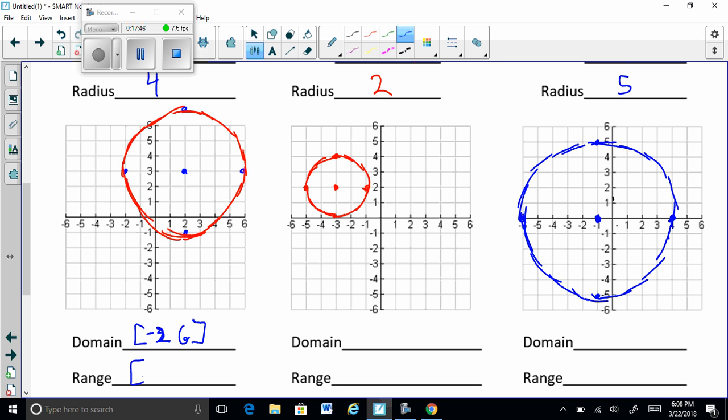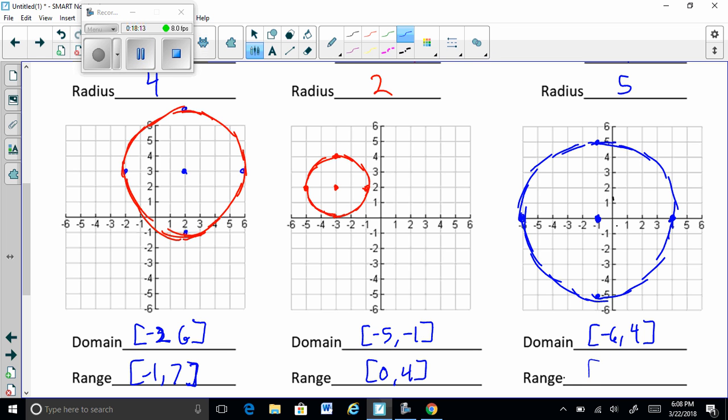So let's see, that's going to be from -1 all the way up to 7. Okay. Then on this next one, let's see, we're going to go from -5 to -1. And then we're going to go from 0 to 4. Pretty good. And then this one, let's see, we're going to go from -6 to 4.